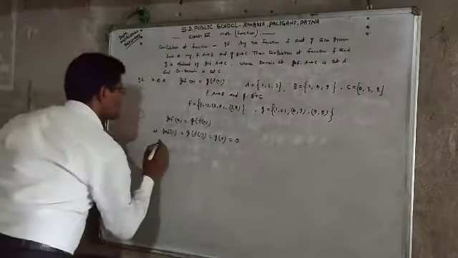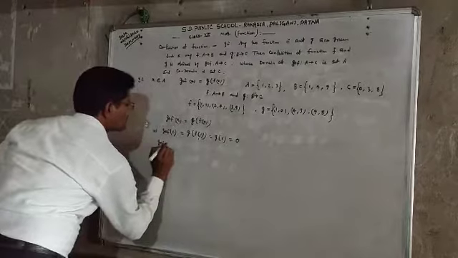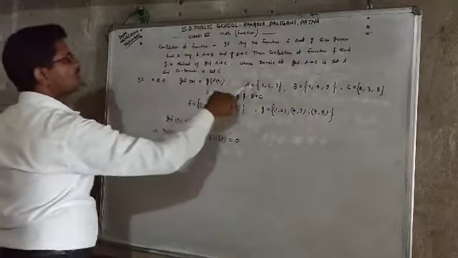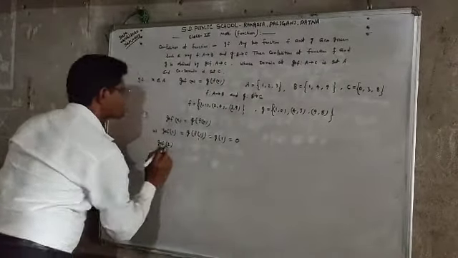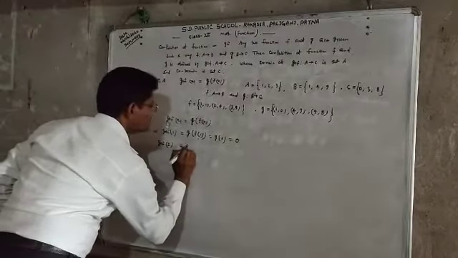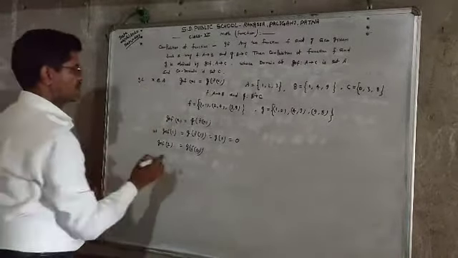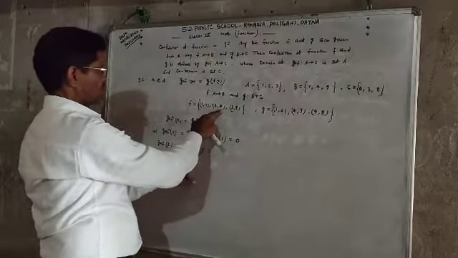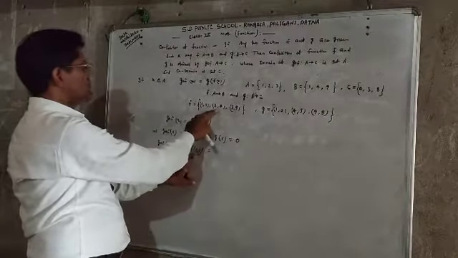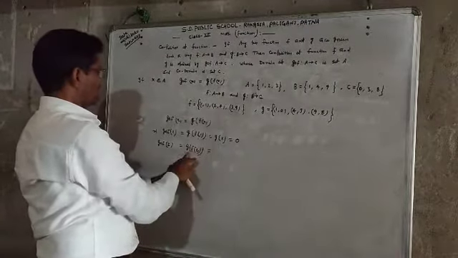Now for the second element 2, we need g of f2. From the first function, the image of 2 is 4.